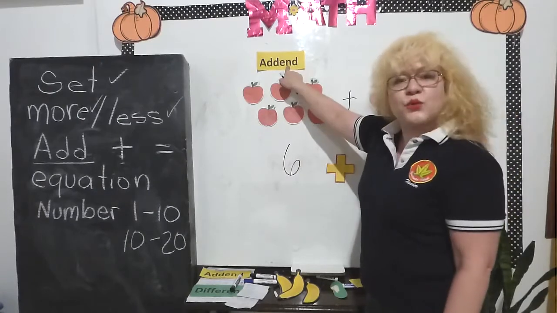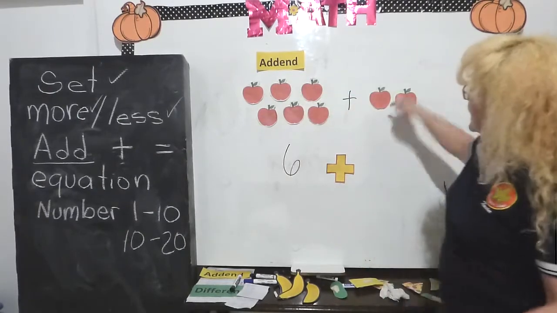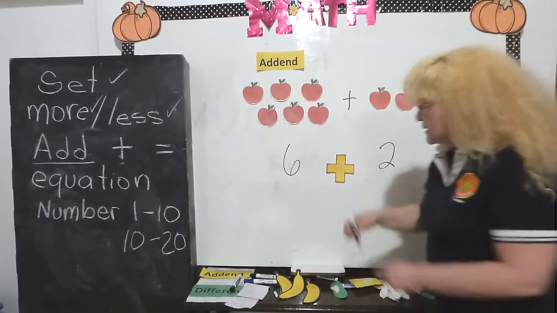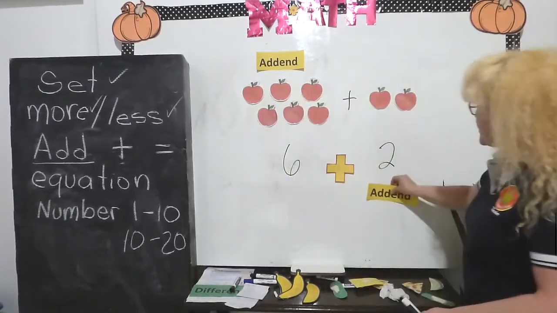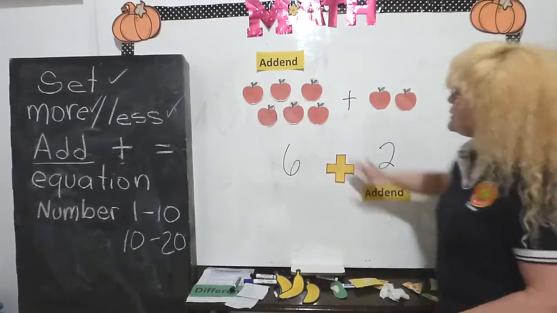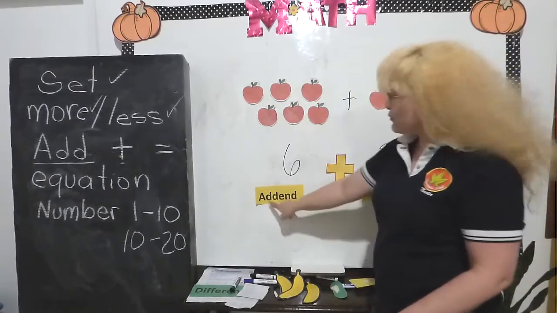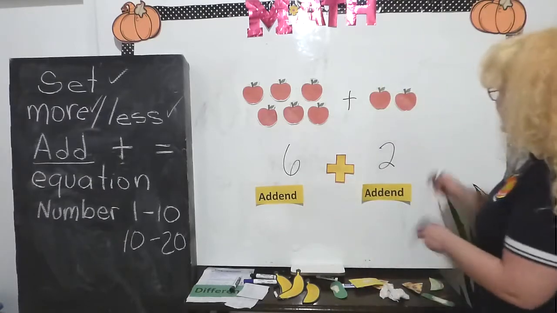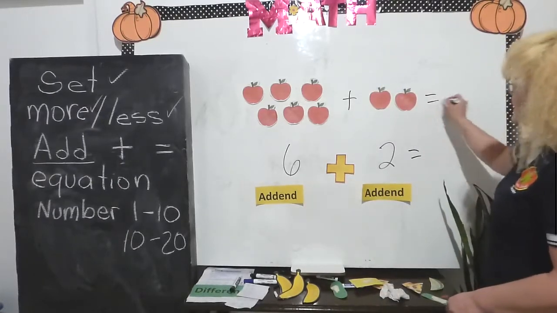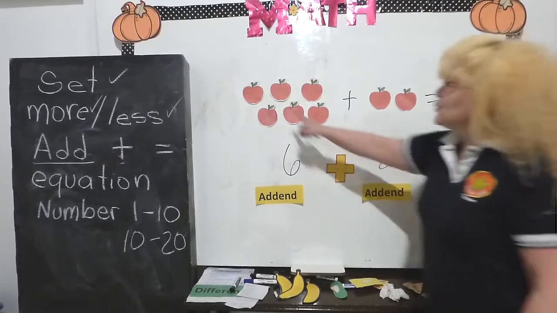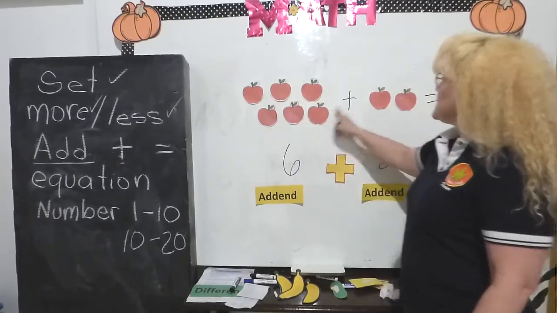6. 6 is one of my addends, and I am going to add 2 more. This is another addend. Addend plus addend equals: 6 plus 2, 1, 2, 3, 4, 5, 6, 7, 8.